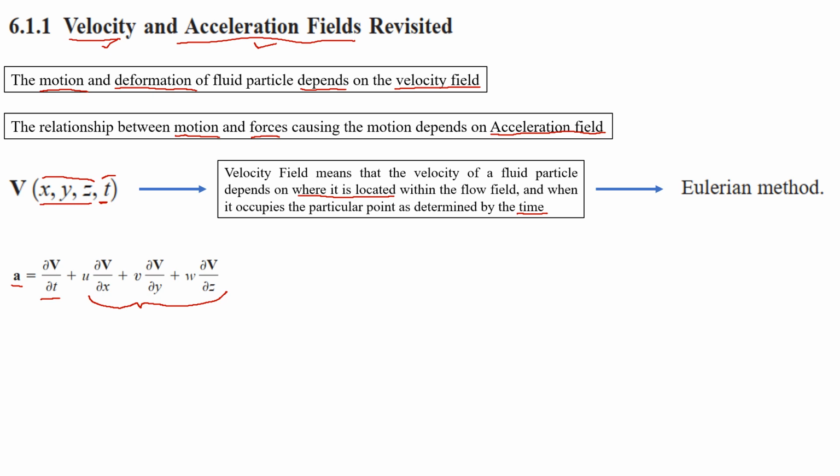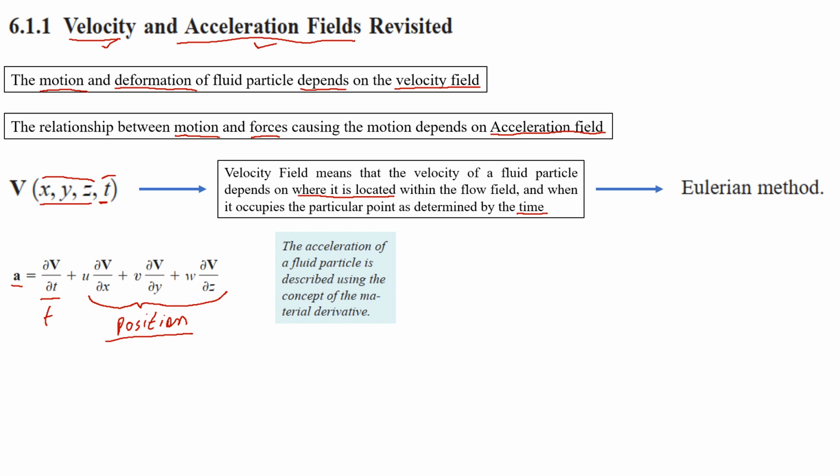So this was the change with respect to time, and this was the change with respect to position. That gave us the total change, and it also gave us the concept of the material derivative. Defining a general form of equation, we can see the change with respect to time, or the change with respect to position, of any fluid property, and for that purpose we derived a material derivative.